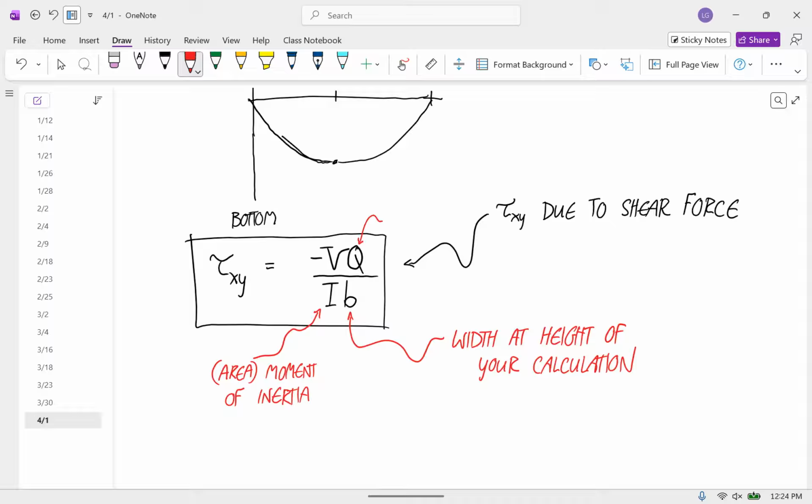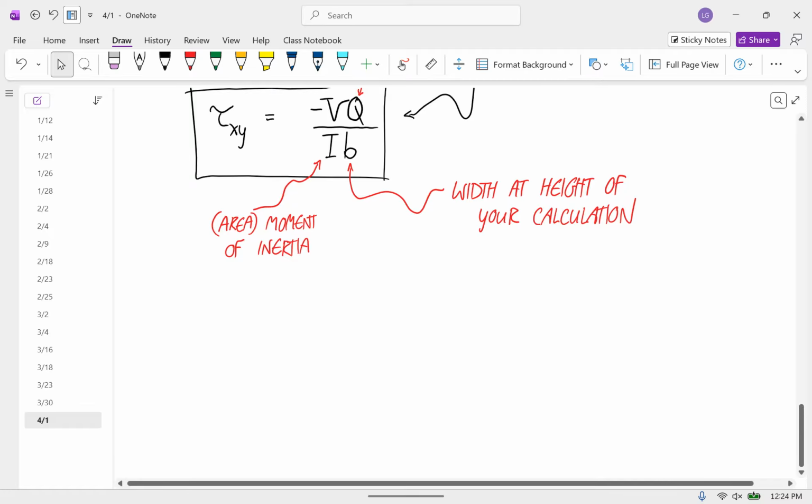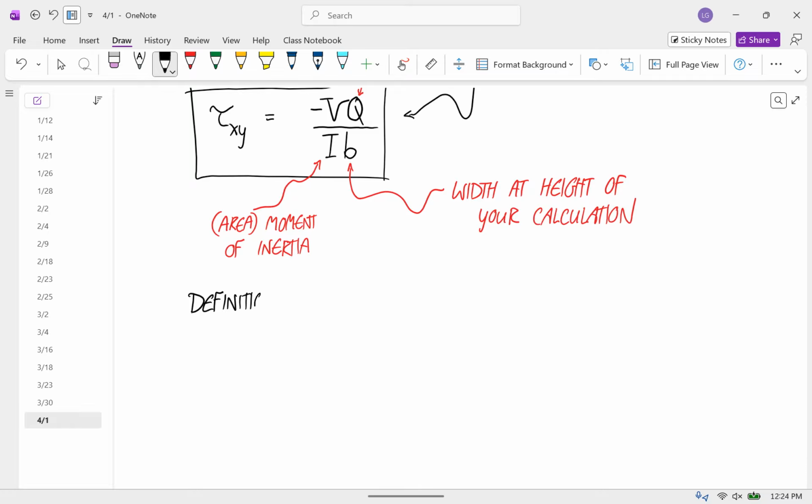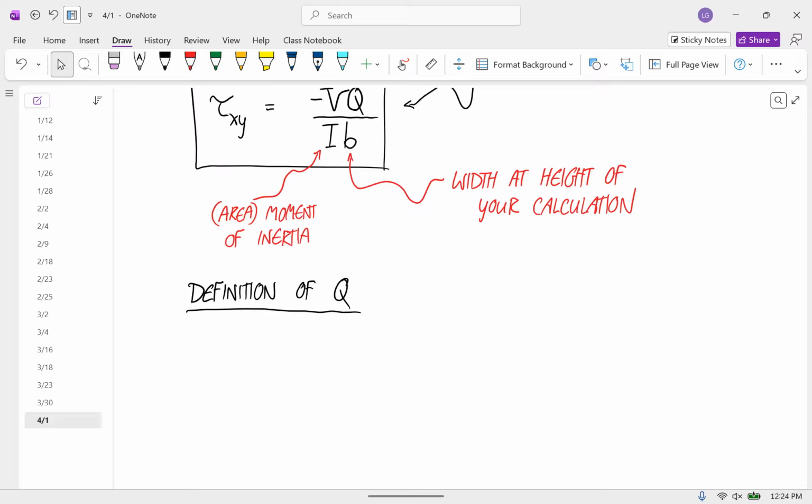And then this Q is the one thing we still need to define. Here's the definition of Q. I'm sure it has a mathematical name, technically it's a first moment of something, but I don't know what it is.